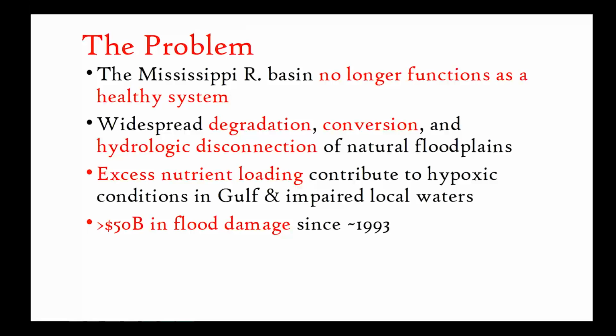Thousands of kilometers of levees and floodways have been installed, so that something like 90% of the original floodplain is no longer connected to the river channel. And the effects on water quality have been immensely negative, with ag runoff that used to be intercepted by the floodplain now getting into local waterways as well as the Gulf of Mexico. So there's a huge need in the basin to develop solutions that can address these issues.